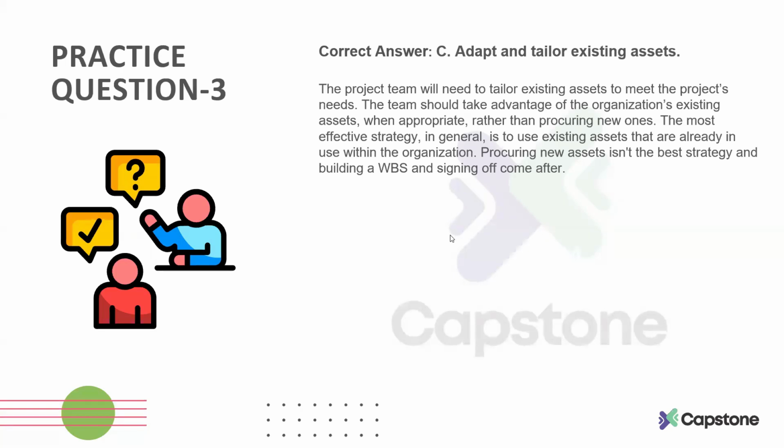You need to utilize that to tailor the existing assets available according to your current project needs. OPAs is a very useful thing, which we call organizational process assets.